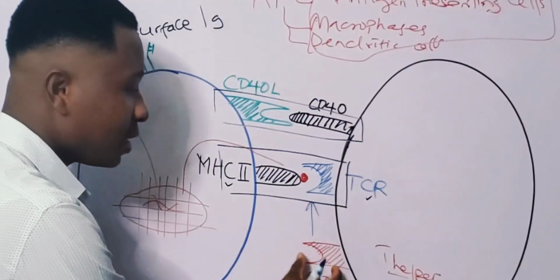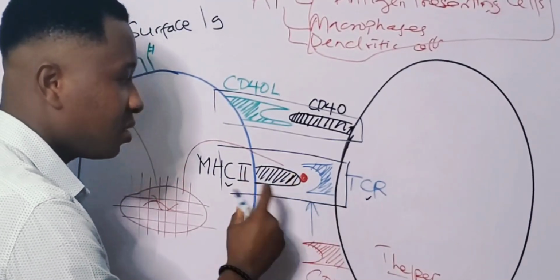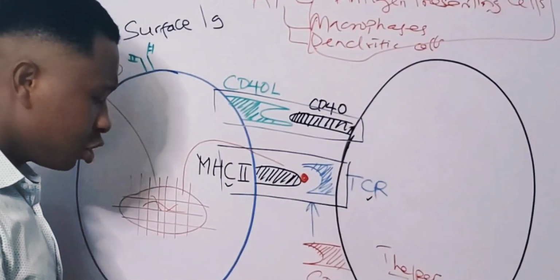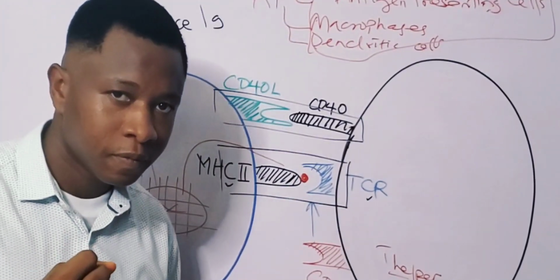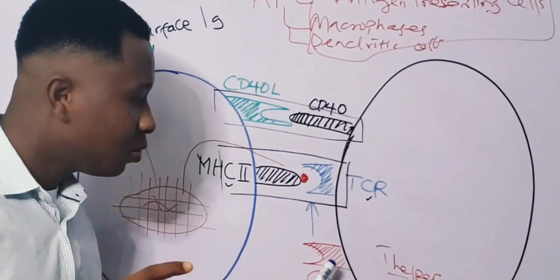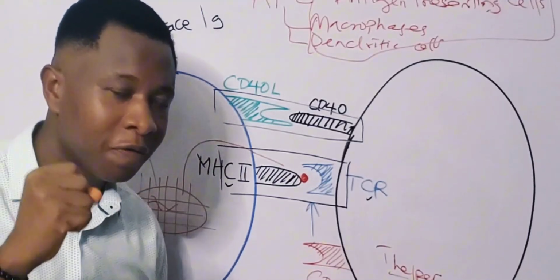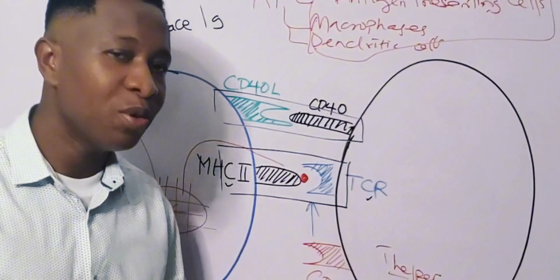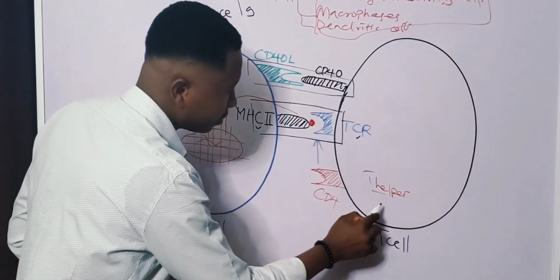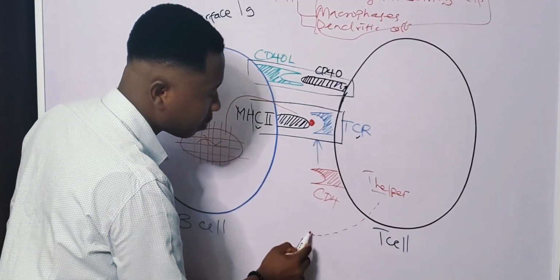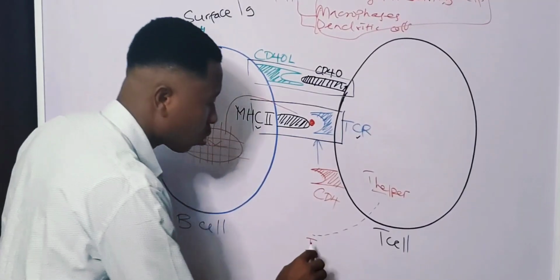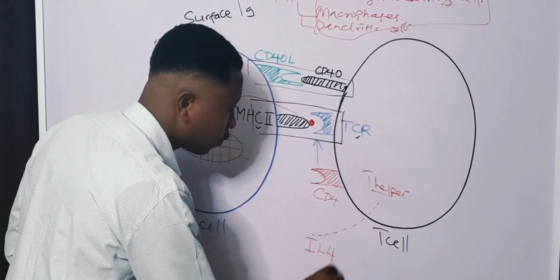The moment the CD4 notices that the binding between MHC and TCR is strong enough, the T cell begins to secrete cytokines, begins to secrete some chemokines. And the chemokine it secretes is what we call interleukin 4.